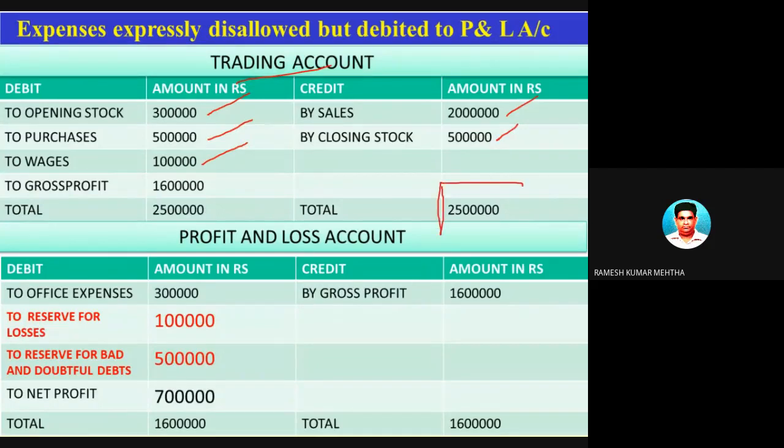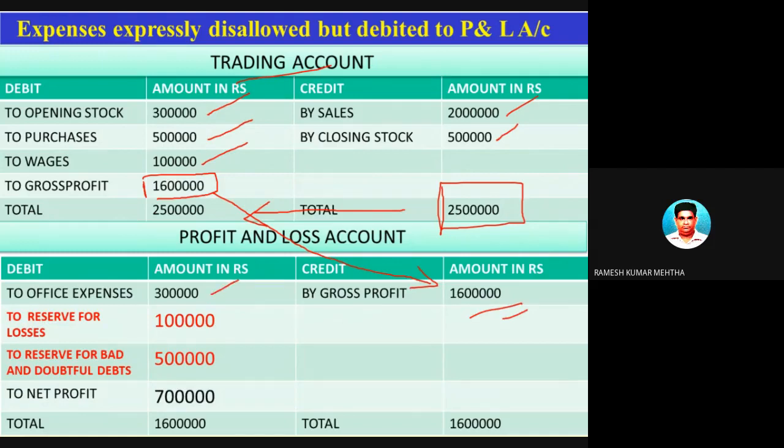The total of the credit side is 25 lakhs, and the gross profit is 16 lakhs. This is carried forward to the profit and loss account, as the balance brought down from the trading account, which is 16 lakh rupees.